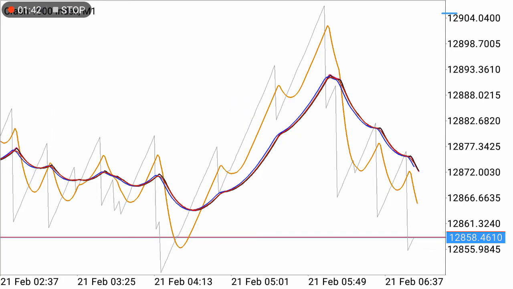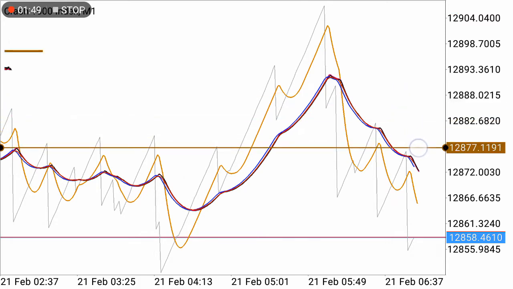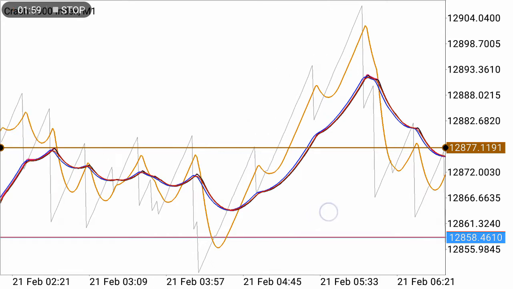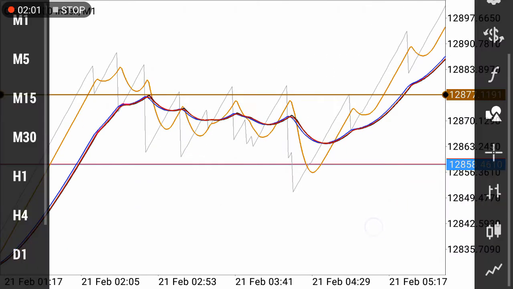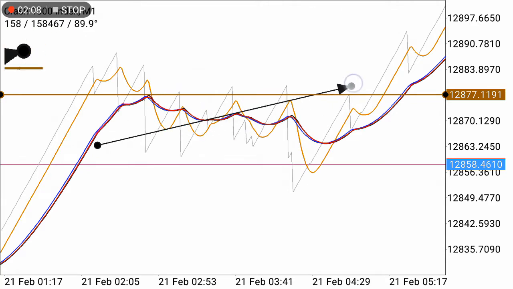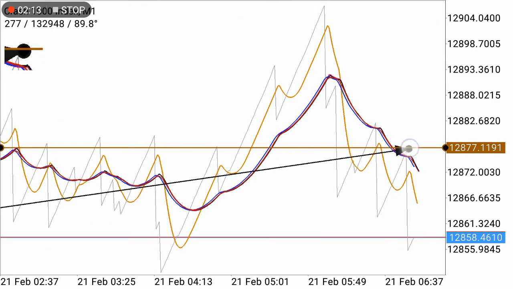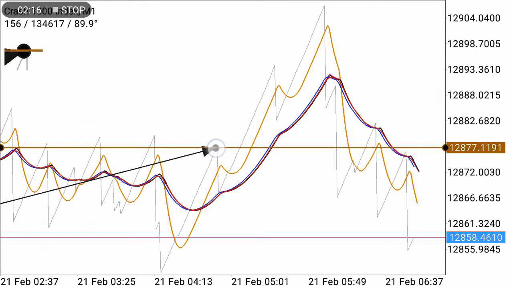I will show you how to draw. At first I pick this one and drop it on the chart. Let's see how many points are touching that support line. Look, that first one, that second one, the third one, and the last, sorry, this one, 4.